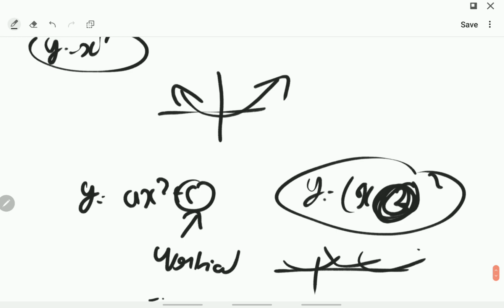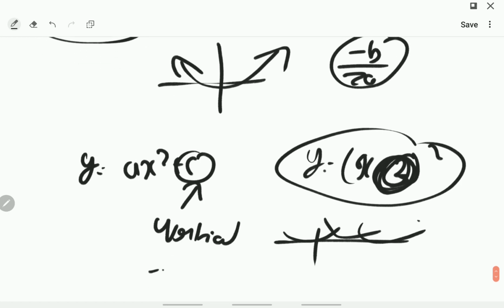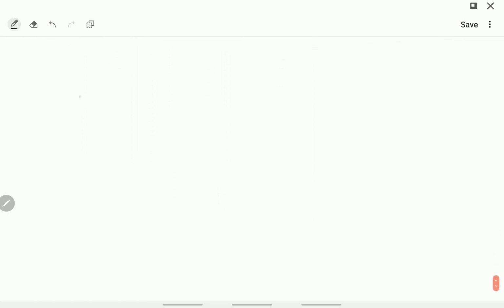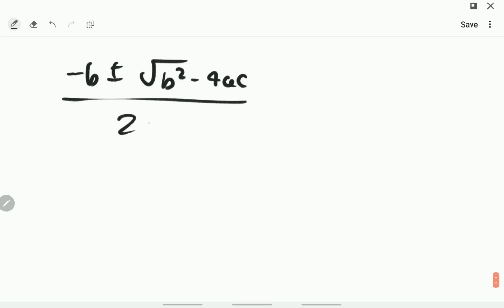Okay, simple. We know the axis of symmetry is equal to minus b over 2a. But then we can also use this thing, I forgot the name, but it comes from the quadratic formula: minus b plus or minus the root of b squared minus 4ac, over 2a.